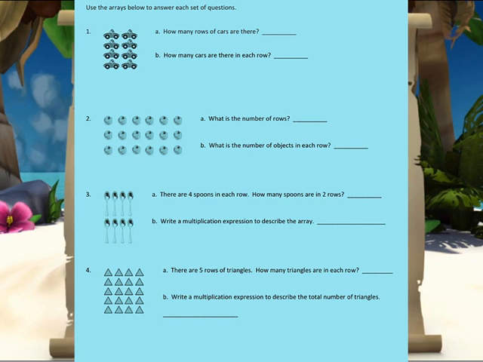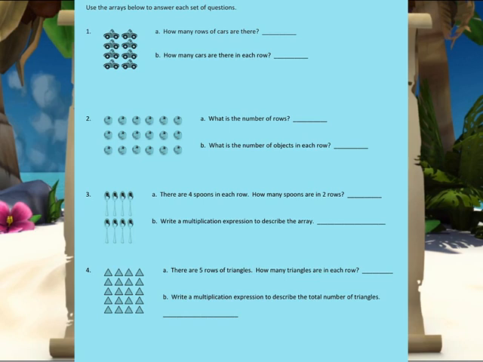The multiplication expression for this problem will be two groups of 4. So it will be 2 times 4. Always remember, the multiplication expression will not have an equal sign. Okay? So this 2 here represents the number of groups, and this 4 here represents the size of each group.